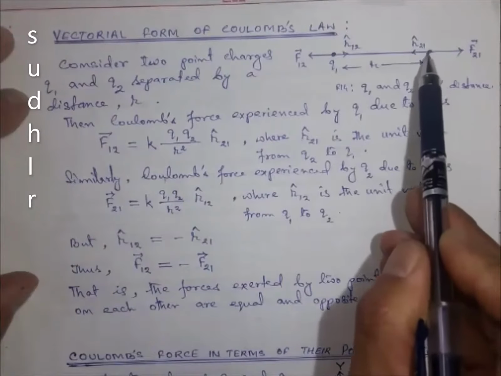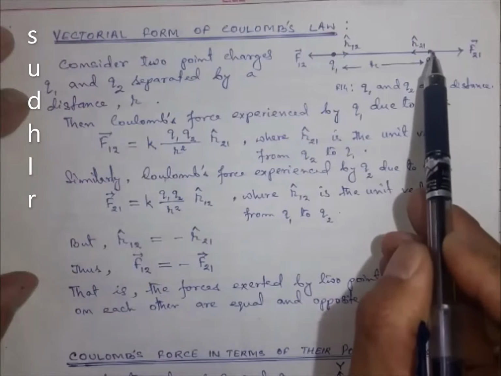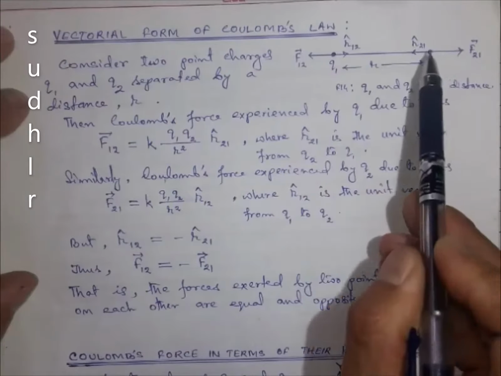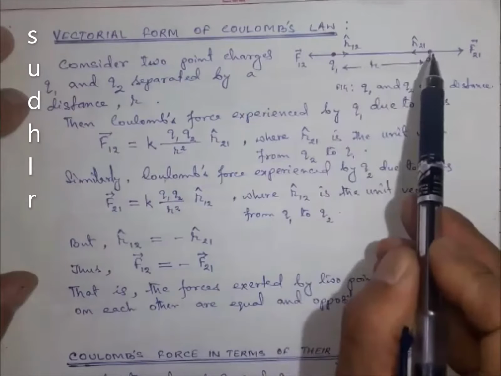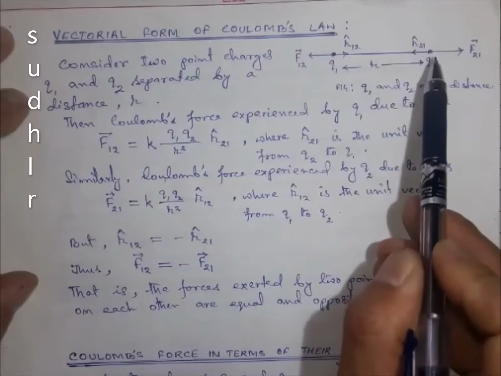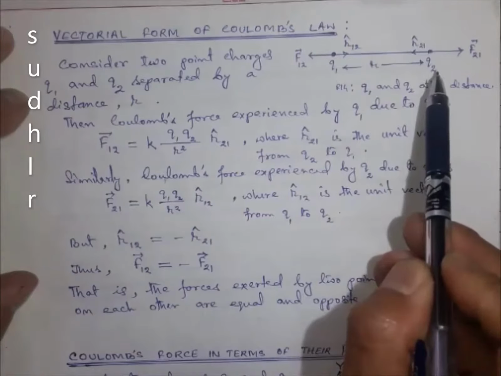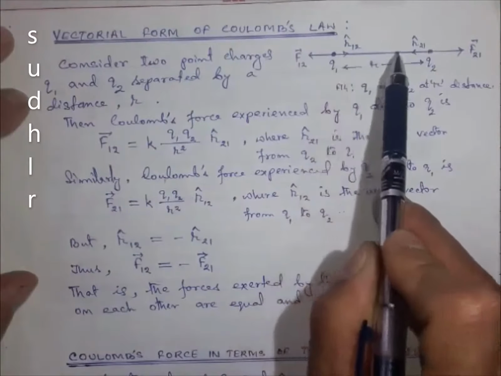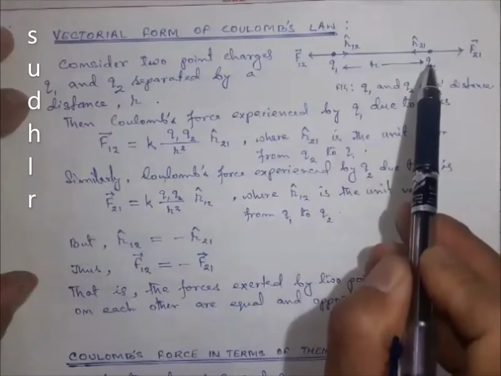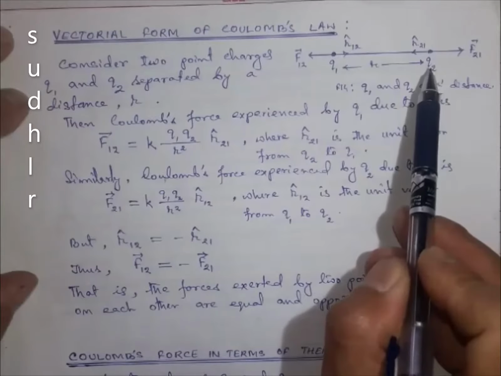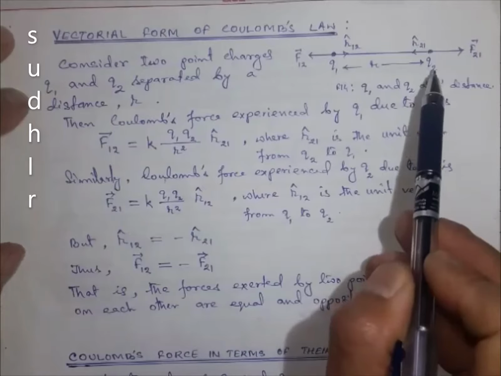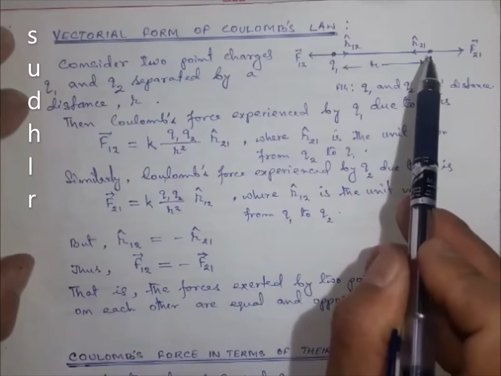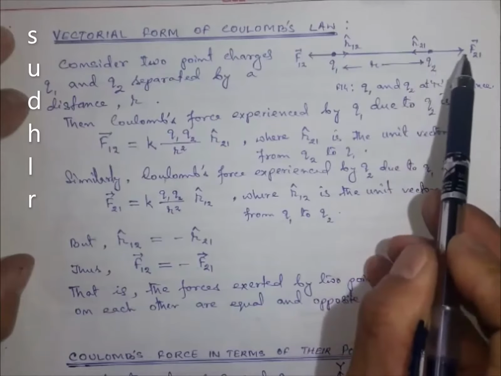If we treat this charge as mobile, that means movable, then this charge Q2 would have been moving along this direction because of the force due to Q1.